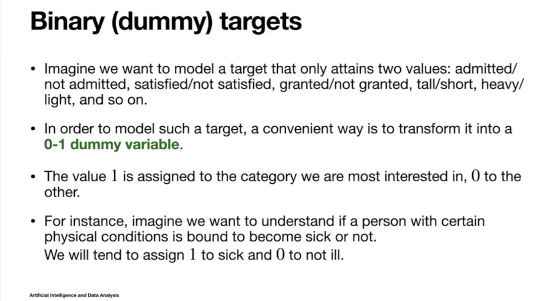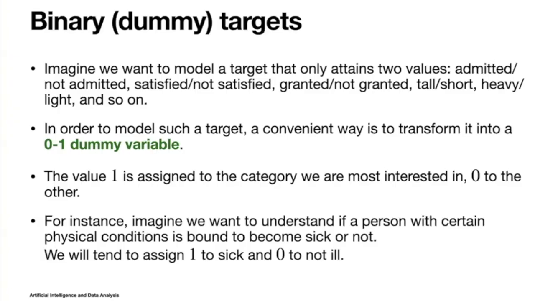You want to verify if a possible customer can be satisfied or not. You want to grant or not a specific credit card, a mortgage. You want to estimate if someone will be tall or short. You want to see if something is heavy or light, and so on.